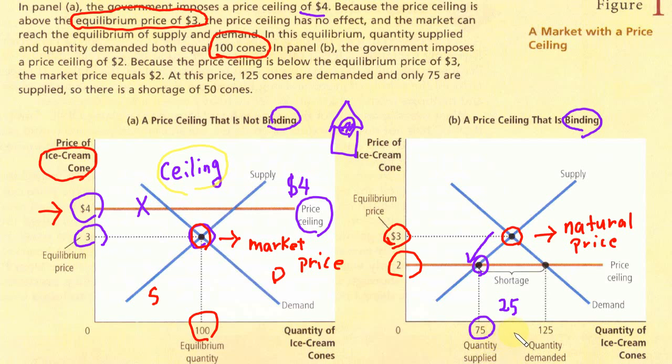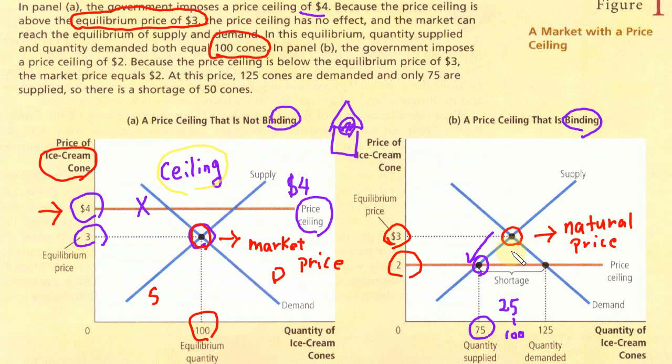Okay? Because this one, 100, was the original situation, and 100 was the equilibrium quantity corresponding to $3. But as the government determined the limitation of price down to $2, the supplier cannot charge, so they will reduce their profit too.